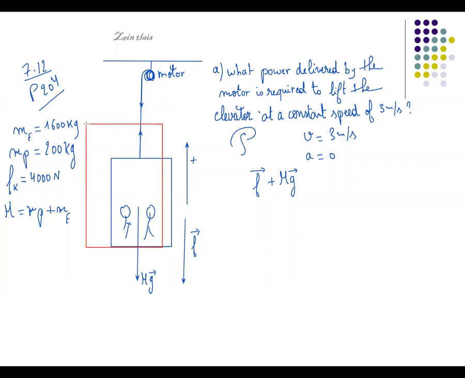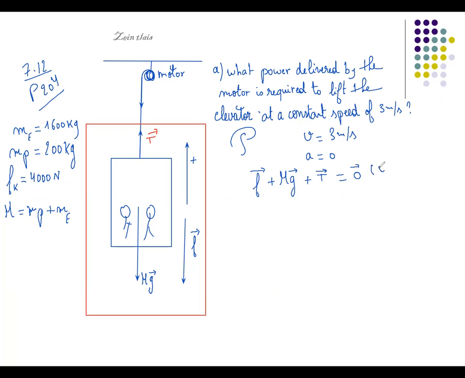We have F, we have mg, and we have T, and the sum equals 0 because v is constant. We do the projection.